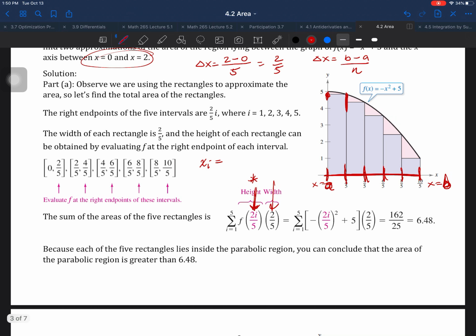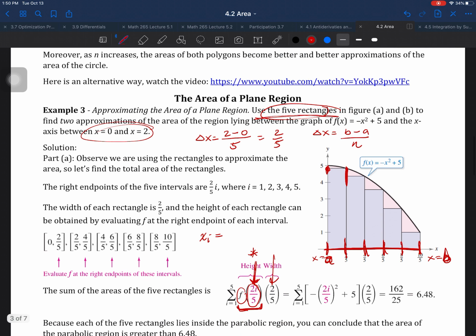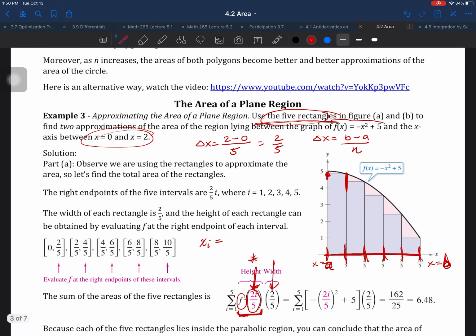For now, I want you guys to focus on this part right there. This is f of this, so this is your input to f. You have to rely on the actual function f, which was given up here, x minus x squared plus 5, and plug in 2i over 5.